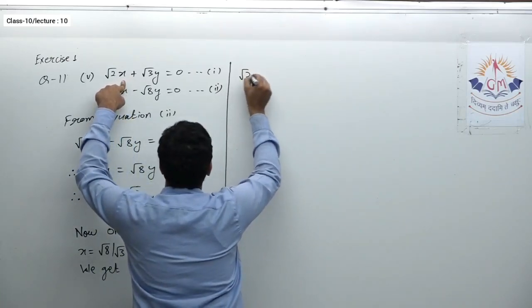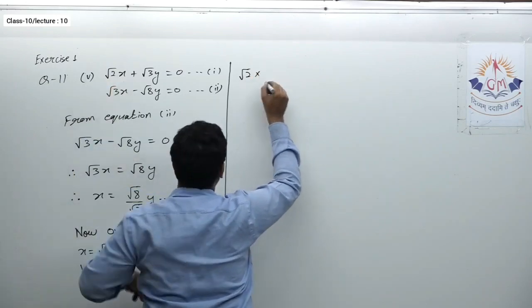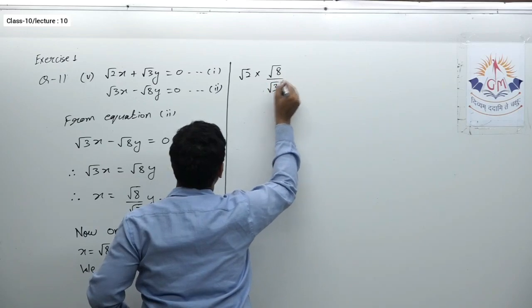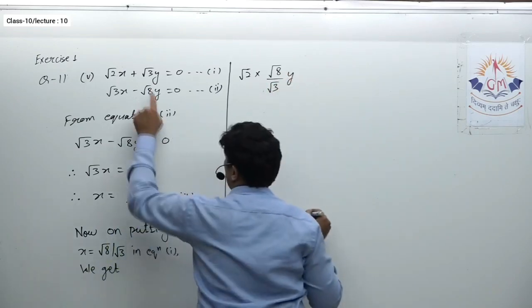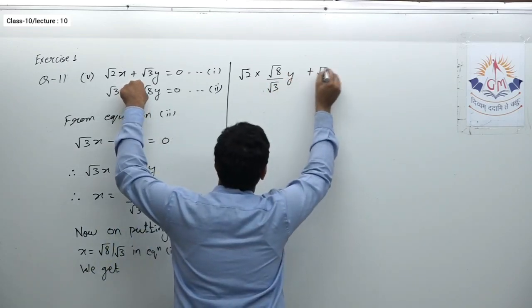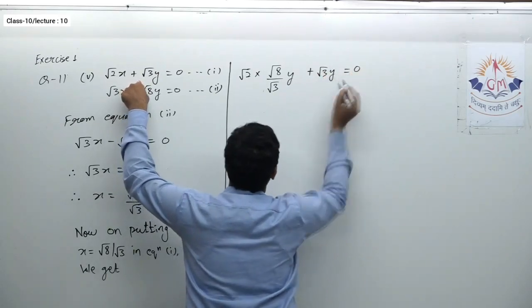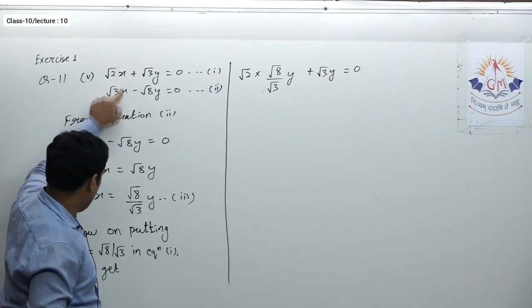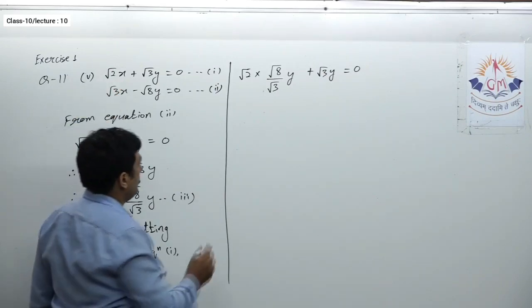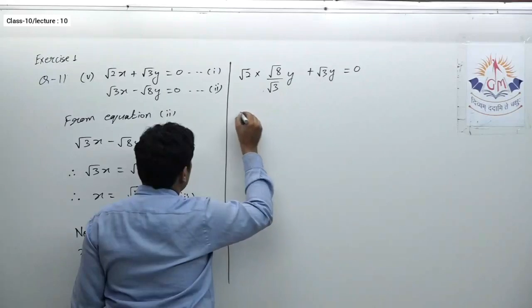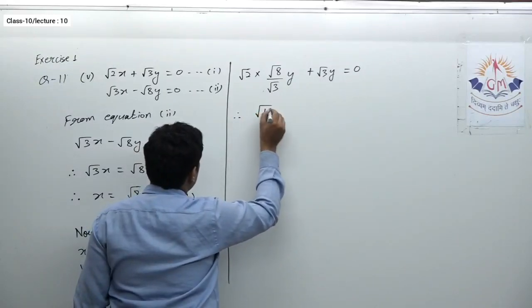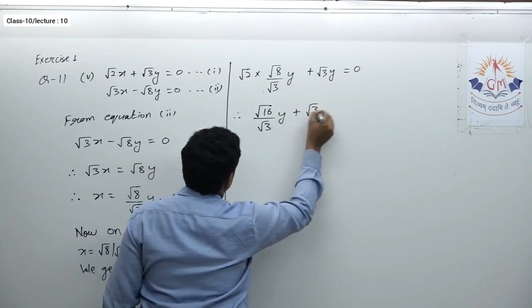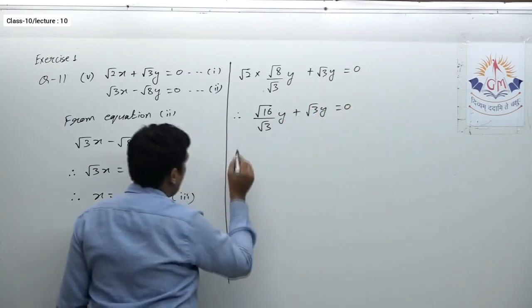So root 2, and at the place of x I have to put root 8 upon root 3 y, plus root 3y is equal to 0. At the place of x I replace root 8 upon root 3 y. So this will become root 16 upon root 3 y plus root 3y is equal to 0.